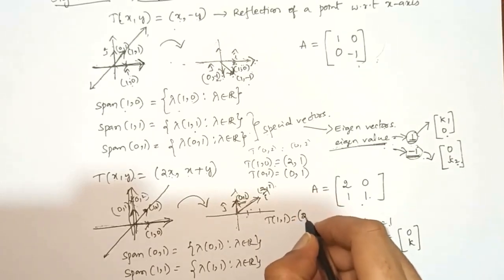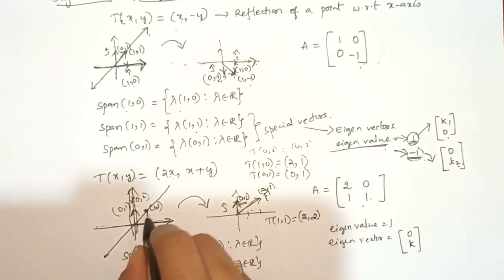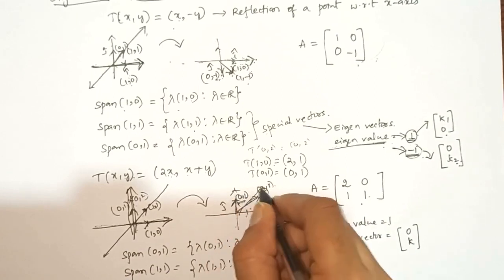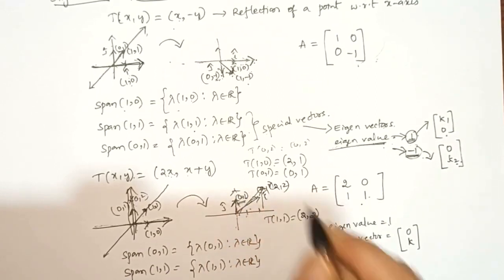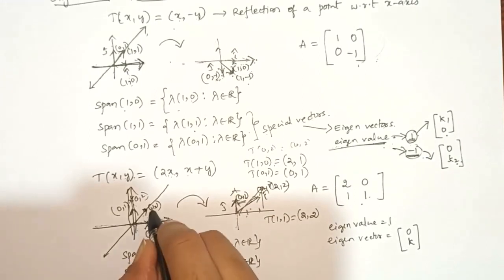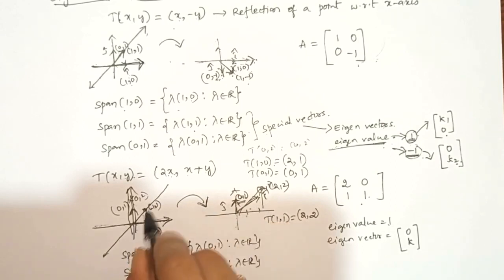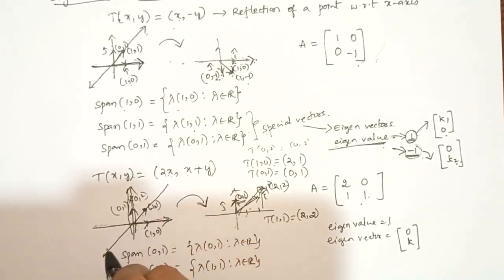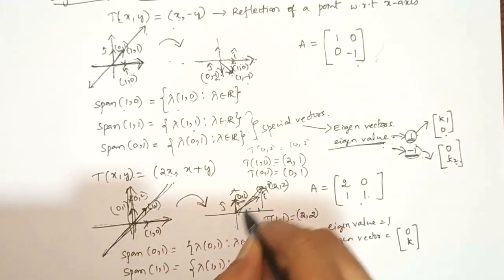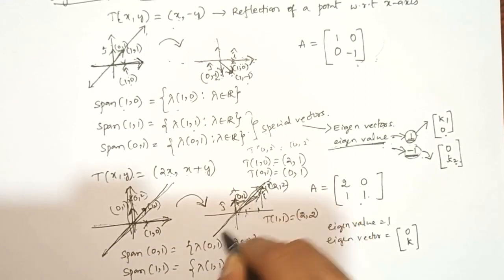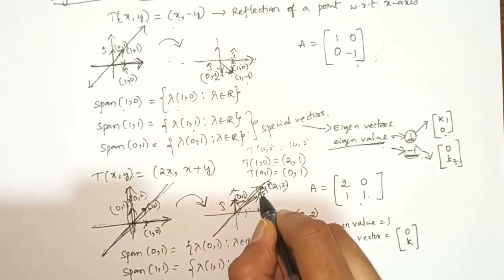That is (2, 1 plus 1), so (1, 1) goes to the new point (2, 2). So this vector (1, 1), after applying the transformation, is not leaving its own span. The span of (1, 1) means the entire line, so after applying the transformation, the vector is still in its own span, on this entire line.